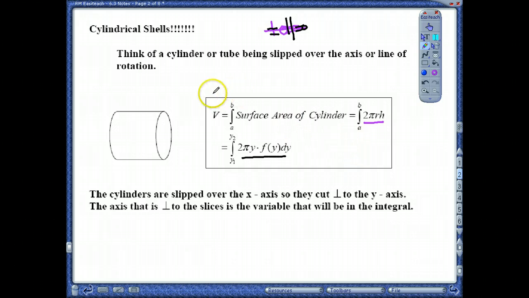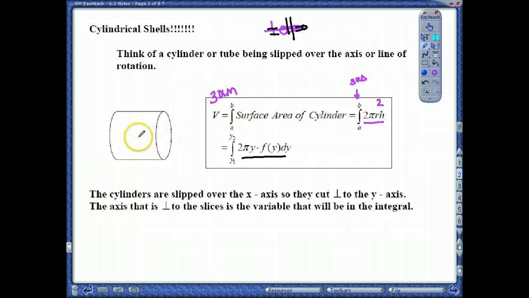Now remember, volume is 3 dimensions. You've got r times h, so there's 2 dimensions, and as always, your integral is going to come up with that third and final dimension. So it's 2 pi r h. 2 pi times your radius times your height.